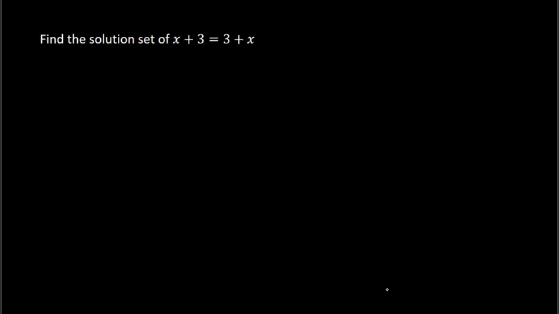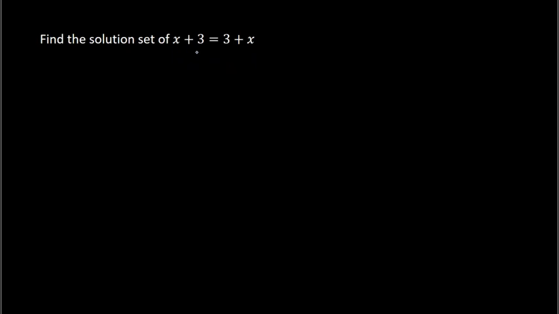So here it says find the solution set of x plus 3 equals 3 plus x. Well, we can really plug anything in for x. If we plugged 1 in on both sides for x, we have 1 plus 3 equals 3 plus 1. Okay, that's a true statement. Plug a 2 in, we get 2 plus 3 equals 3 plus 2.